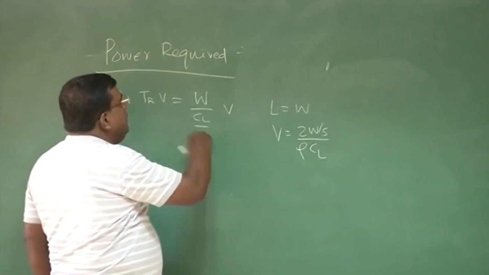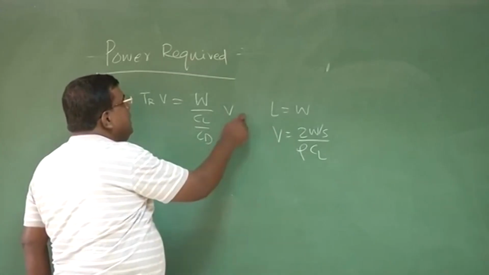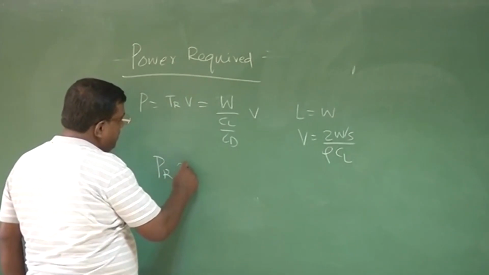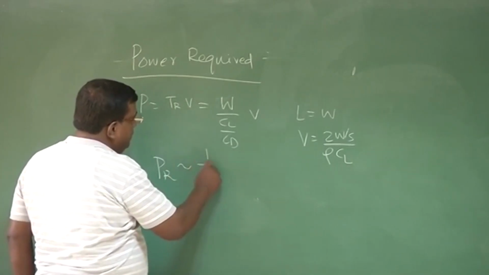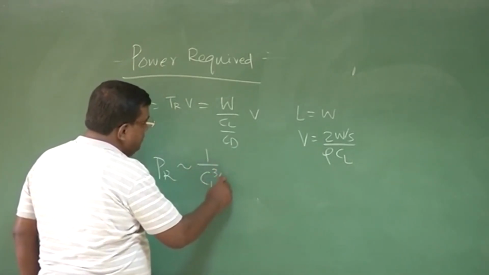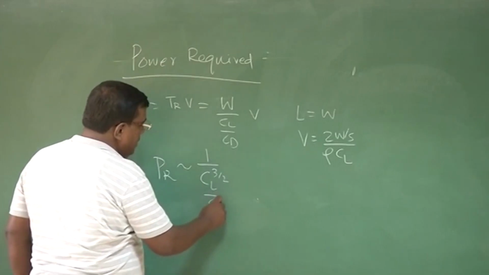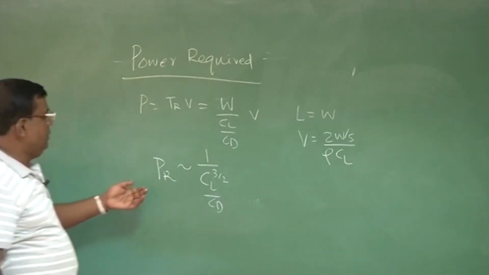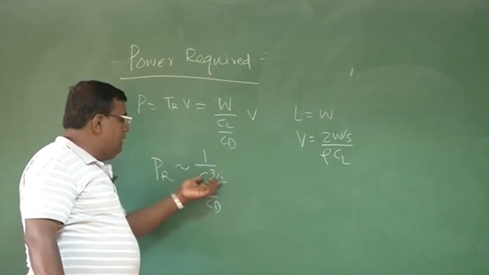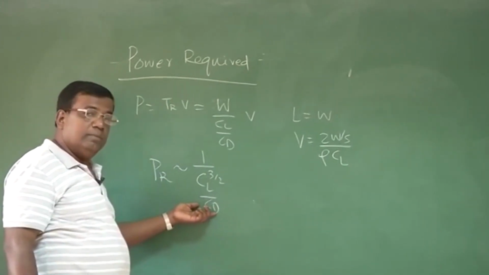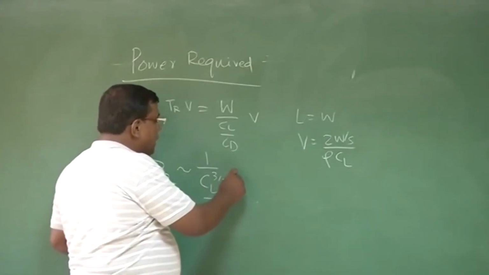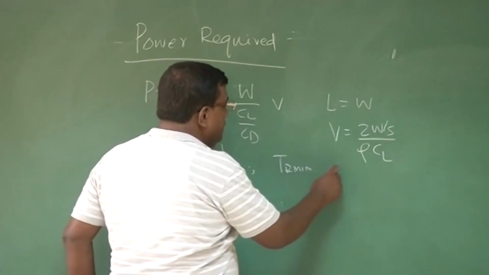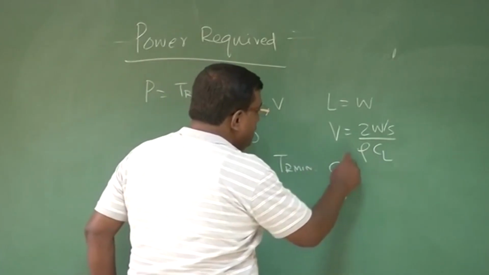And in this, when we substituted V here, we realize power required will be proportional to CL^3/2 by CD. And for power required minimum, we realize that CL^3/2 by CD should be maximum, unlike for thrust required minimum, where it was CL by CD maximum.